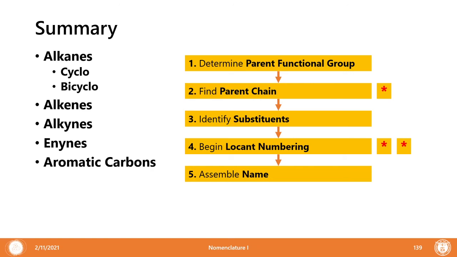Identify the substituents first, and then begin locant numbering, considering all the factors, including the number of alkenes and alkynes, the parent functional group, and the substituents. And lastly, we assemble the name with some particular grammar points.